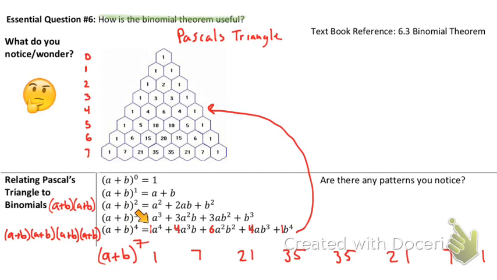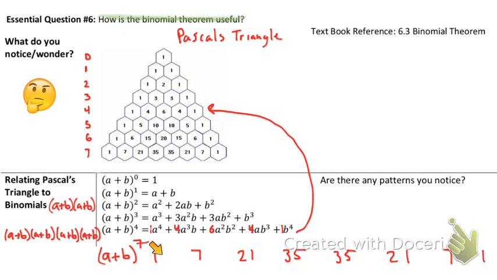The other thing I want you to look at is the variables. So we have a to the fourth, and then we look at the next term. What happens to our a? We get a to the third, then a to the second, then a to the first, and then the a disappears. Okay?